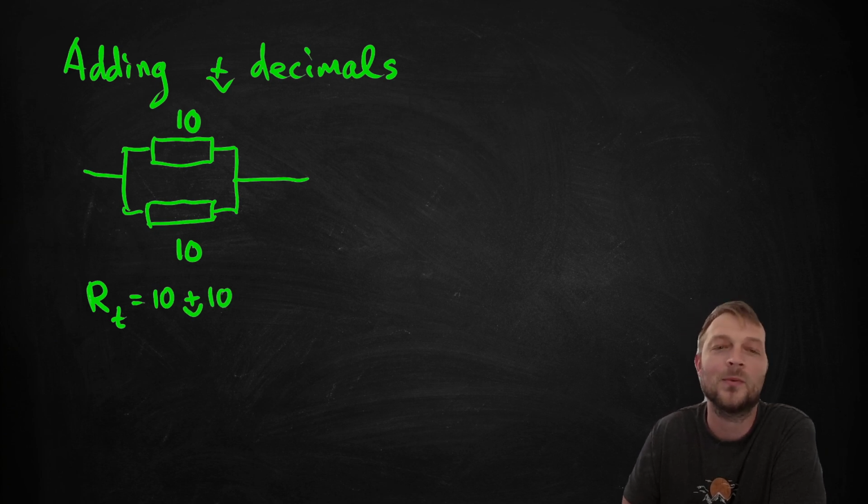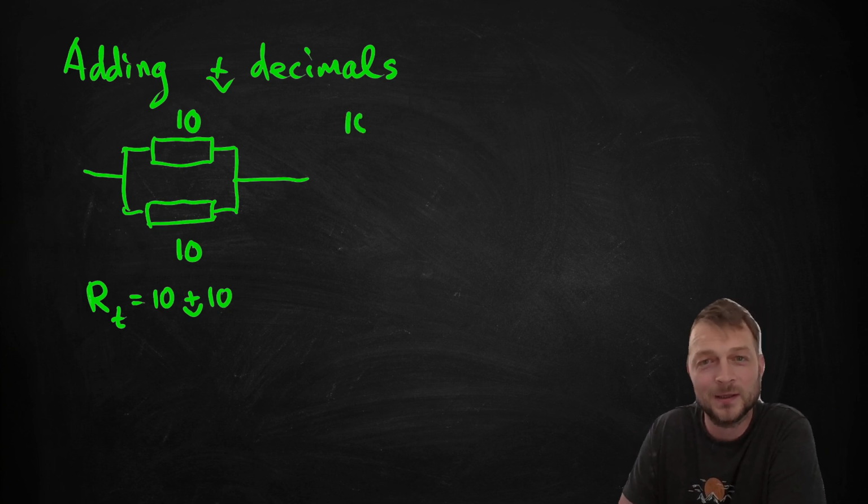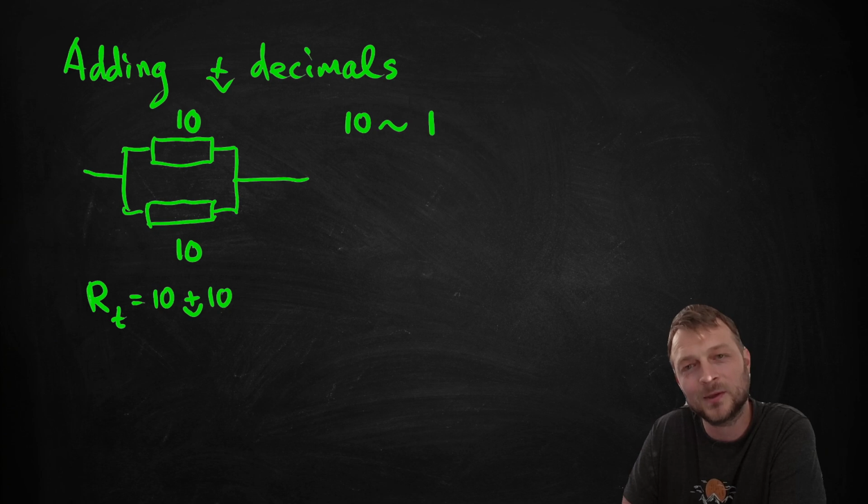Let's compute this in terms of decimals, our dual decimals. So 10, value or quantity 10, in our dual decimals expressed as 1, 0.